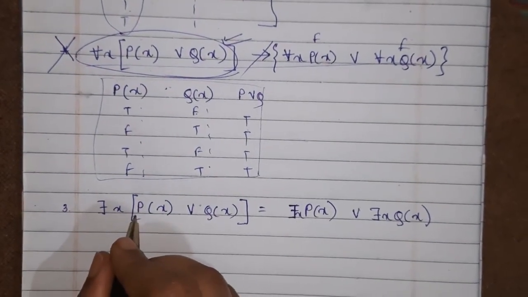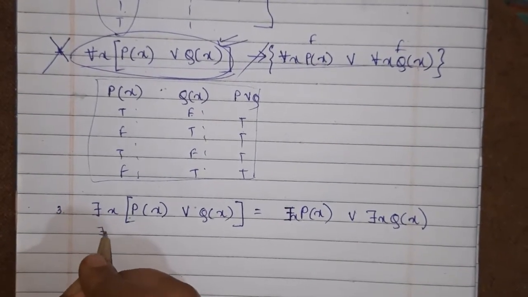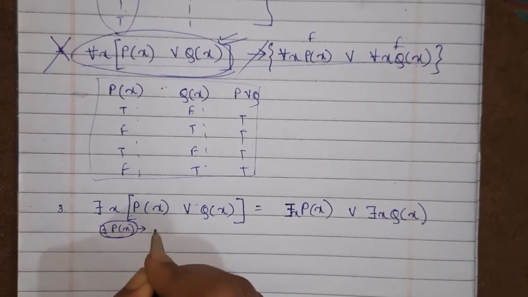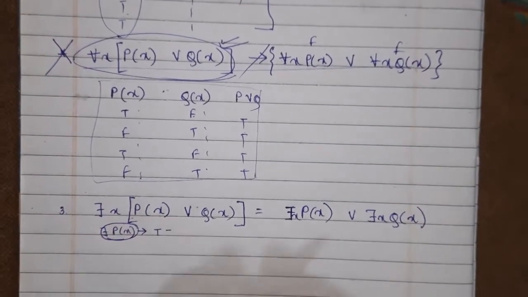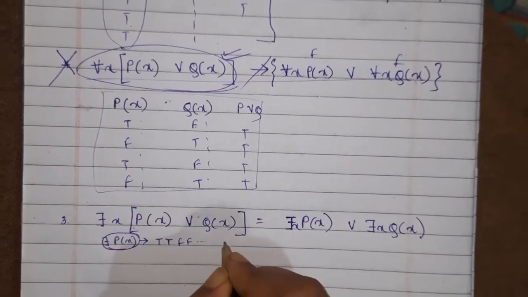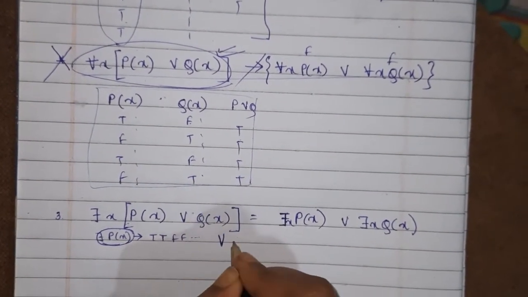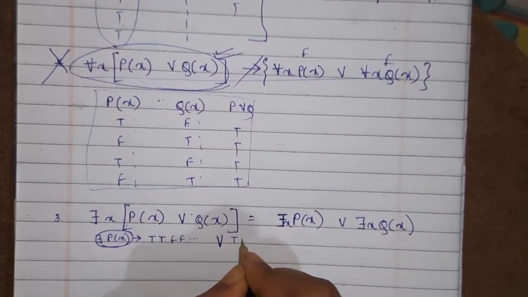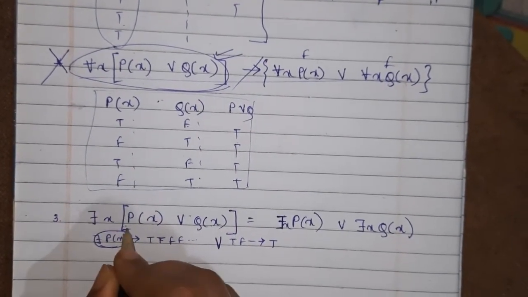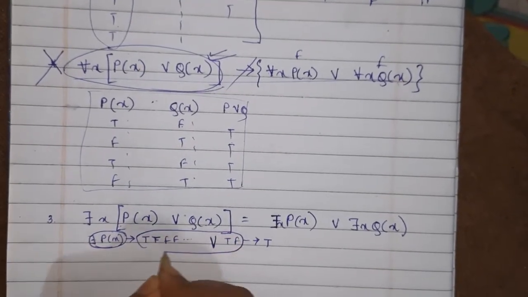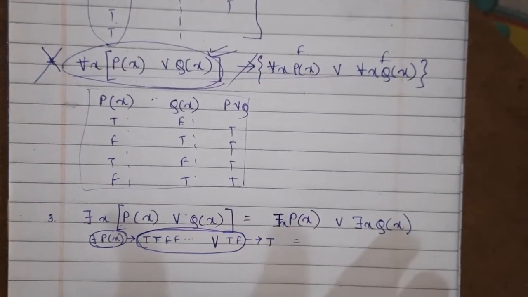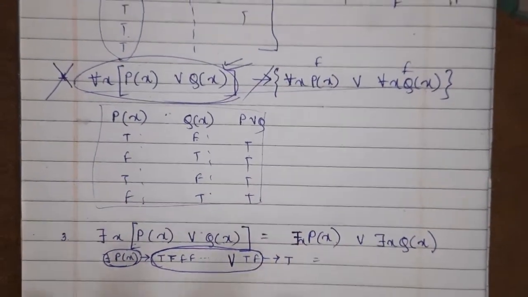So if we open there exists p of x, it will have various true, false, false, true truth values. Along with that we do OR of q, like true, false, false, true, and this will result to true, since we need only one among these as true.